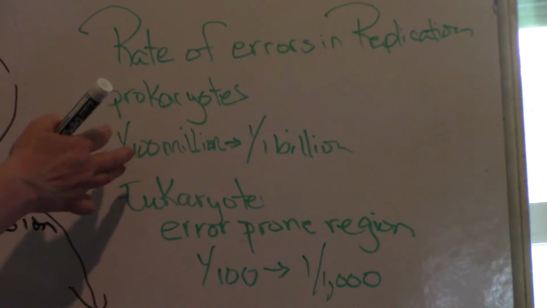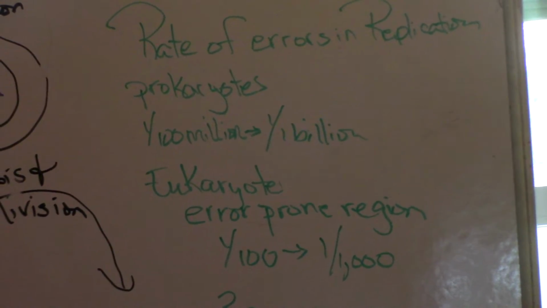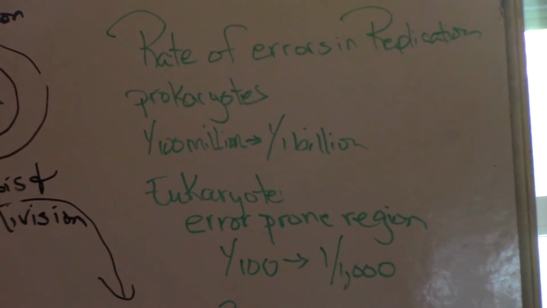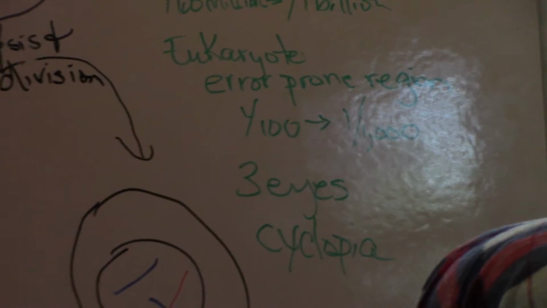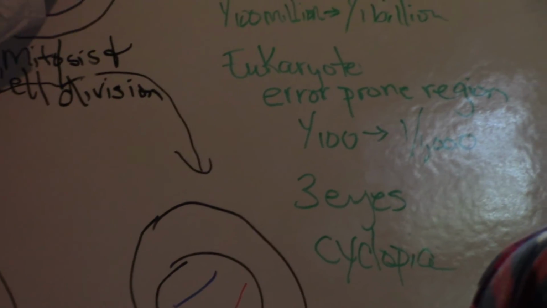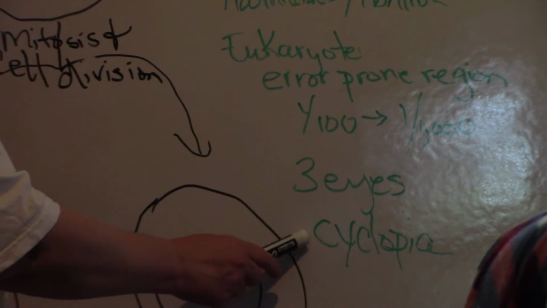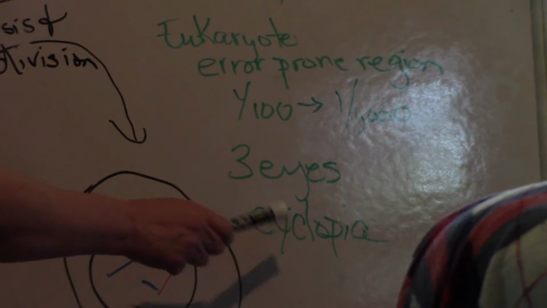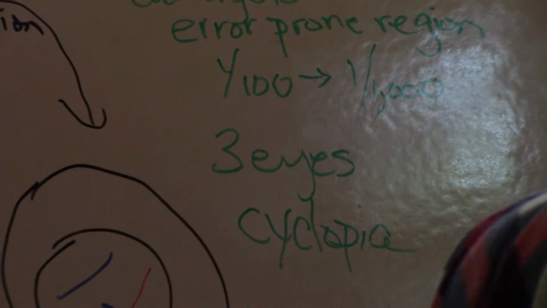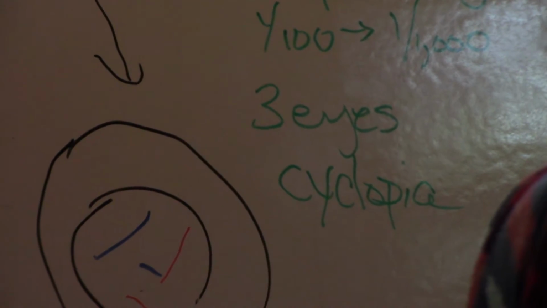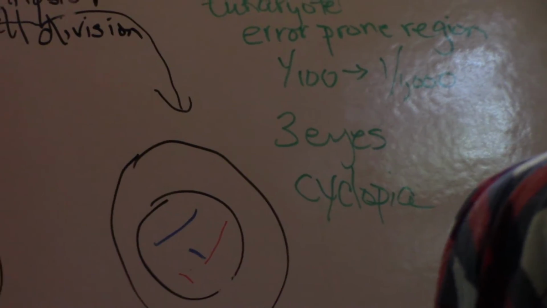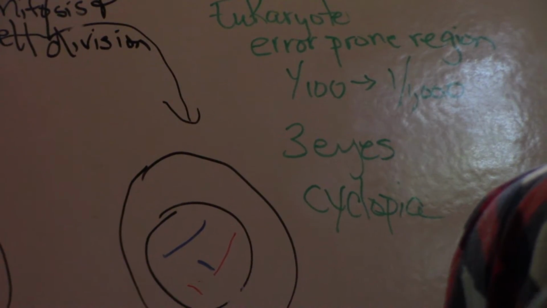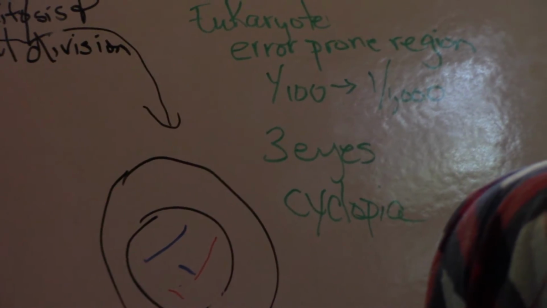These spontaneous errors occur. And then, some of you were really interested in the one-eyed sheep, which is an example of cyclopia. So, like Cyclops, one eye. One of the questions said, okay, so you've got these one-eyed sheep. Are there any three-eyed mutations?